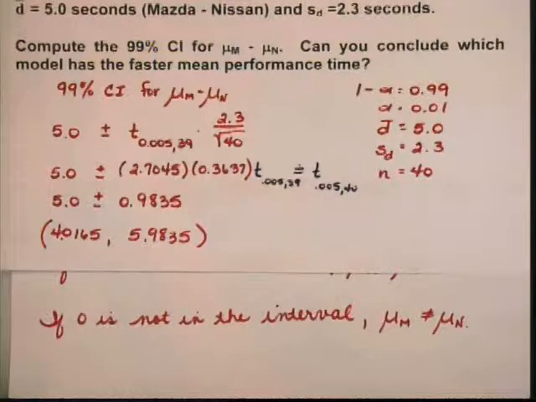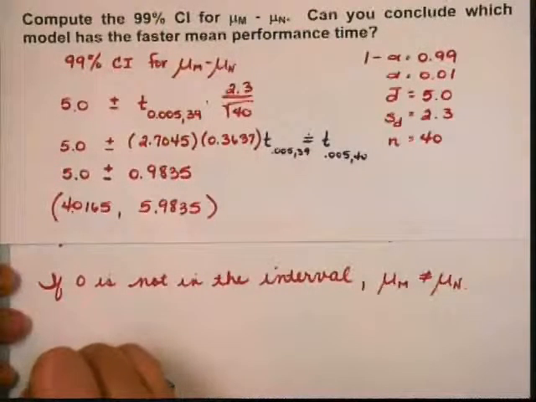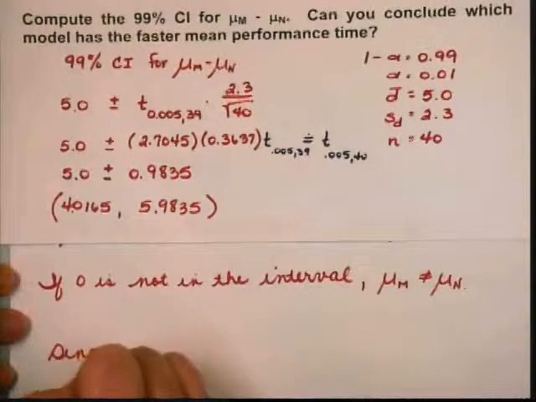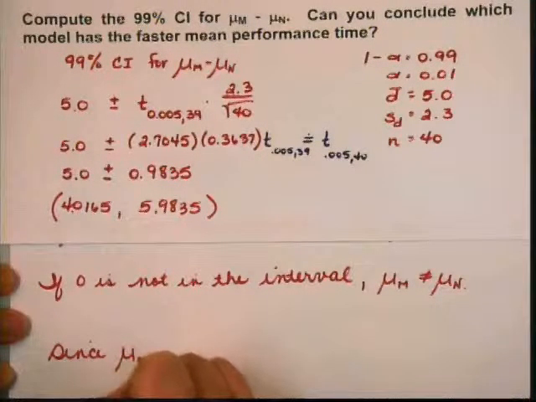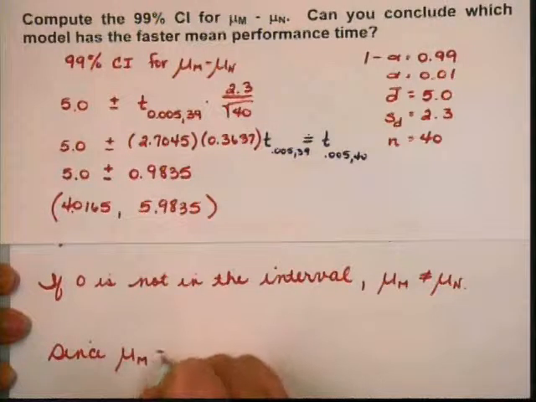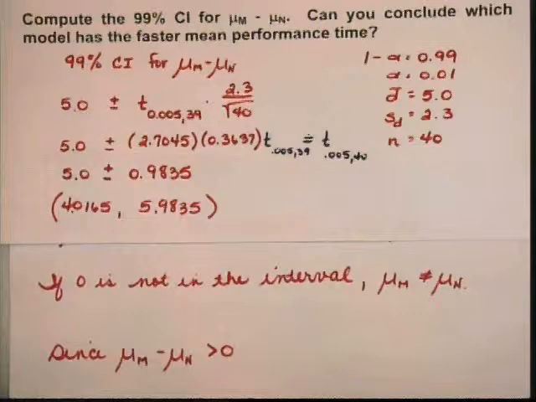If they're different, then one is bigger. Which one's bigger? Okay? So we would conclude that Mazda is bigger. So since we have that Mazda minus Nissan is greater than 0, the Mazda mean is larger.